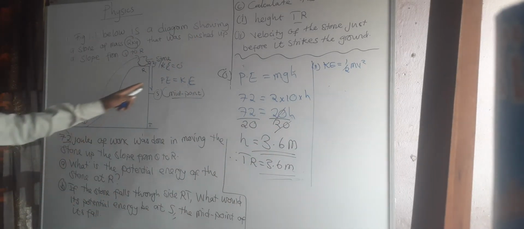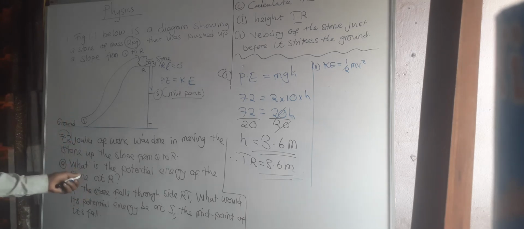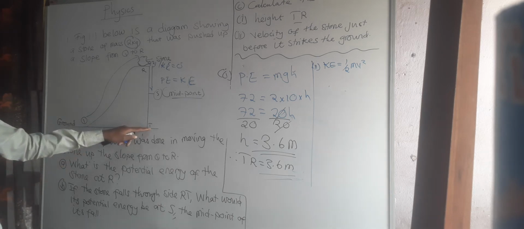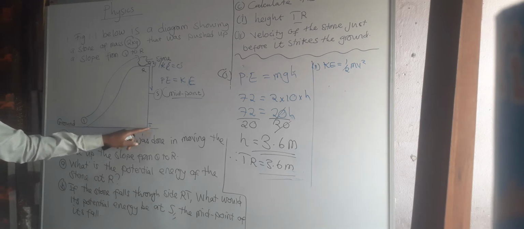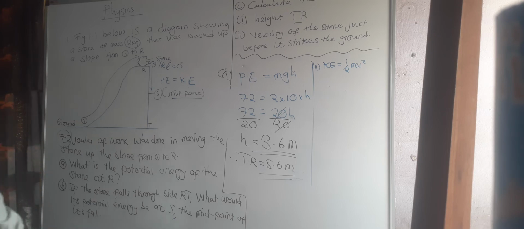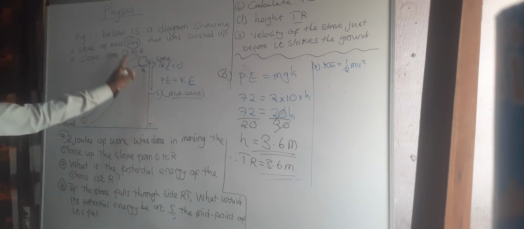Now remember I said the potential energy and kinetic energy total is always the same. So if we have 72 joules of potential energy, immediately before striking the ground the kinetic energy will be 100%, which is 72 joules, and the potential energy will be 0. Remember I said it is gaining kinetic energy and losing potential energy.